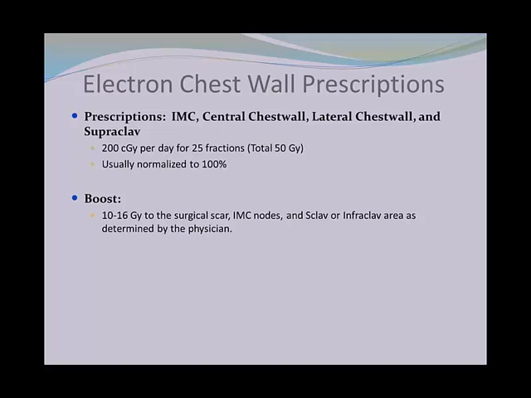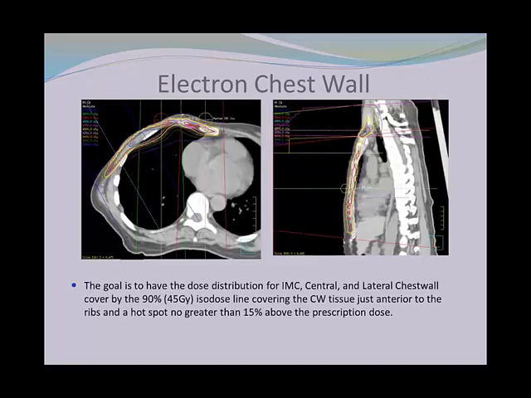But of course, not all places have 4 MeV electrons. The lowest electron energy we have is 6 MeV. So if we plan this with that, then the dose might be a little bit deeper than what we see here.